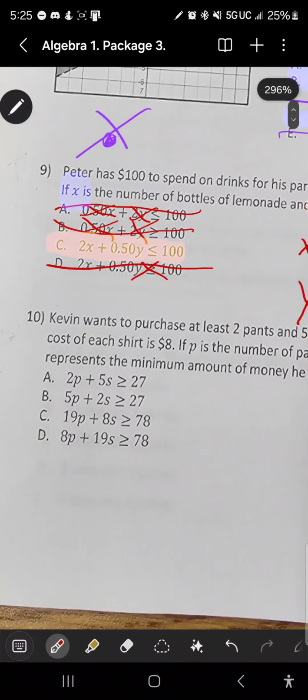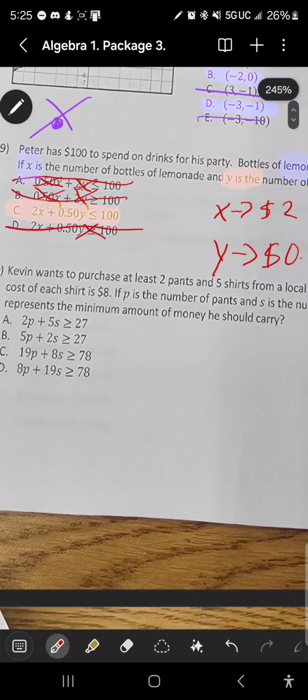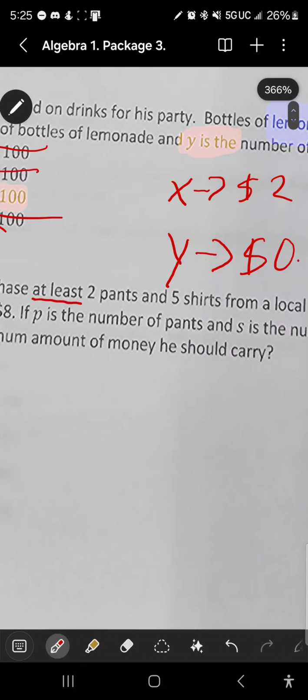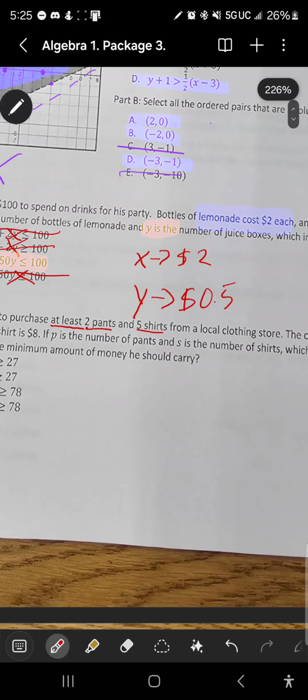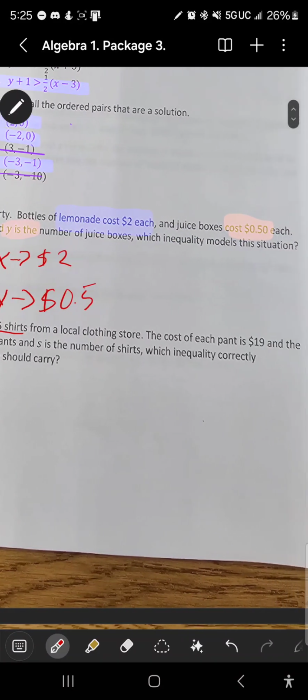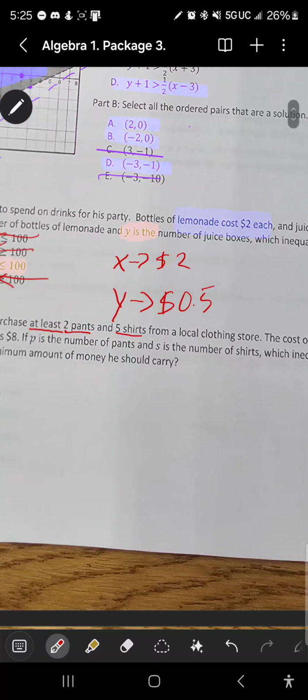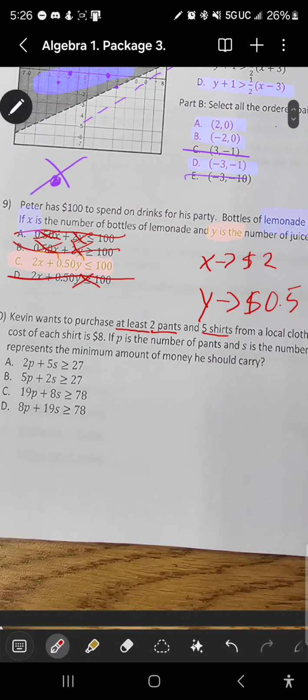Now let's see number 10. Kevin wants to purchase at least 2 pants and 5 chairs from a local clothing store. The cost of each pant is $19, and the cost of each chair is $8.